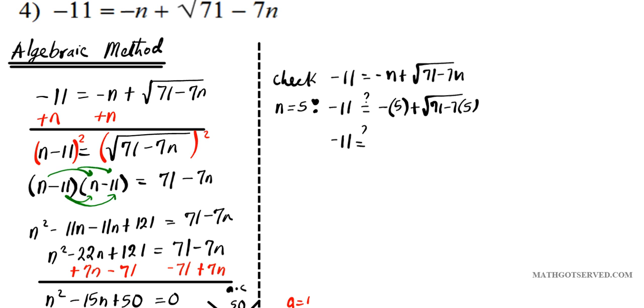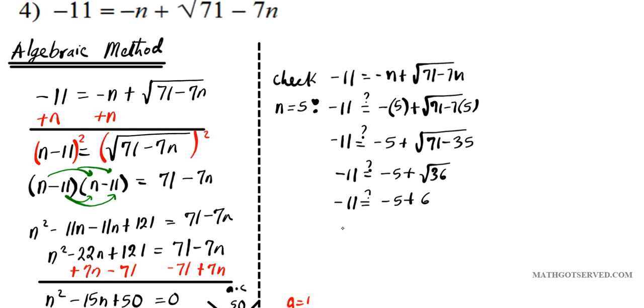Is negative 11 equal to negative 5 plus the square root of 71 minus 35? Is negative 11 equal to negative 5 plus the square root of 36? Is negative 11 equal to negative 5 plus 6? Is negative 11 equal to 1? Is that true or false?